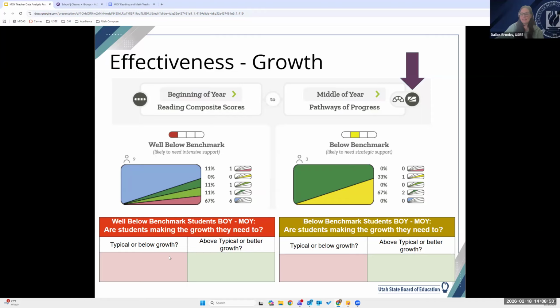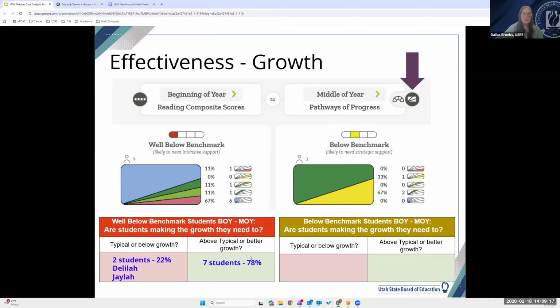So on my participant notebook, I would just list out those students who made typical or below growth. So I'm including that light green, yellow, and red together. Those are my students that aren't making enough growth that I need them to make. And then my students who made above typical or well above typical growth. So that would be my 6 here in the blue and my 1 in the dark green.